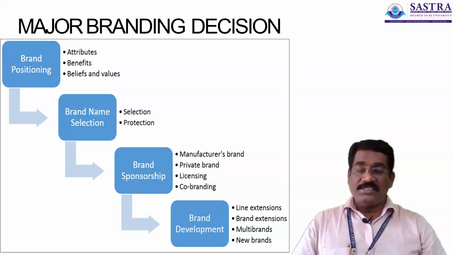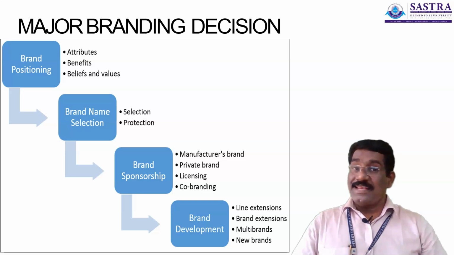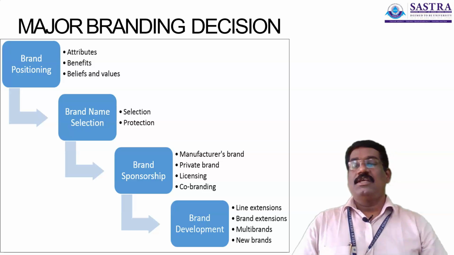We need to analyze that, and make sure we use the appropriate components in reaching the customer's mind through the process of brand positioning. That's why when I think about buying a watch, immediately my mind says, why can't I go for a Titan brand of watches? Clear?